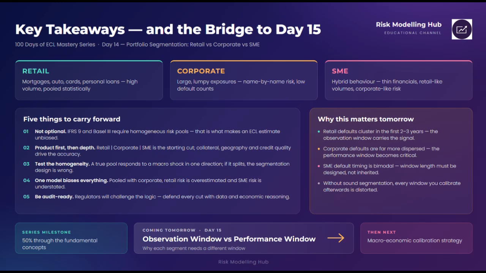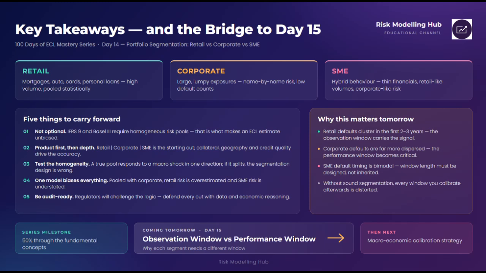Right? If segments respond differently, the design is wrong. Fourth, remember that one model biases everything. Pooled approaches systematically underestimate retail and SME, while overestimating corporate. Fifth, always be prepared to defend every segmentation cut with data and economic reasoning against regulatory challenge.